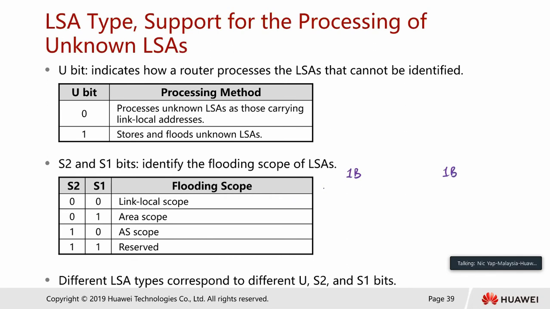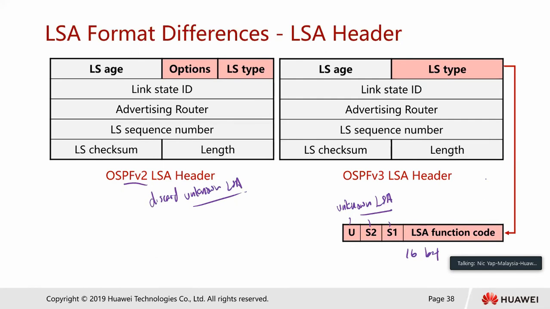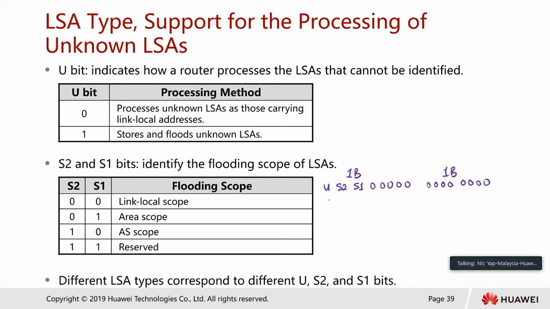First over here, they will just look into these 8 bits: the U bit, S2 bit, S1 bit, then the rest will be 0, 0. Then this 1 byte as well, 0, 0, 0, 0, 0, 0, 0, 0. So this is the LSA function code. When you have this as all 0, it means that it belongs to link-local.